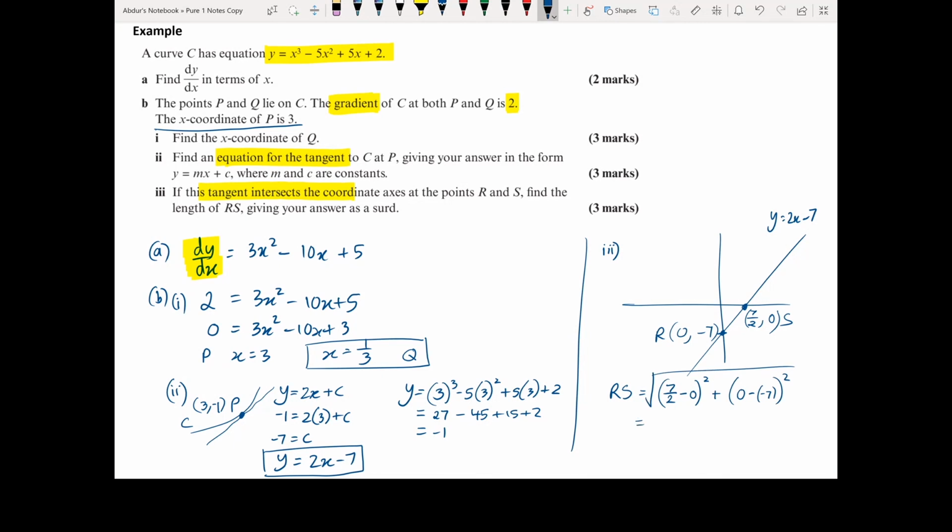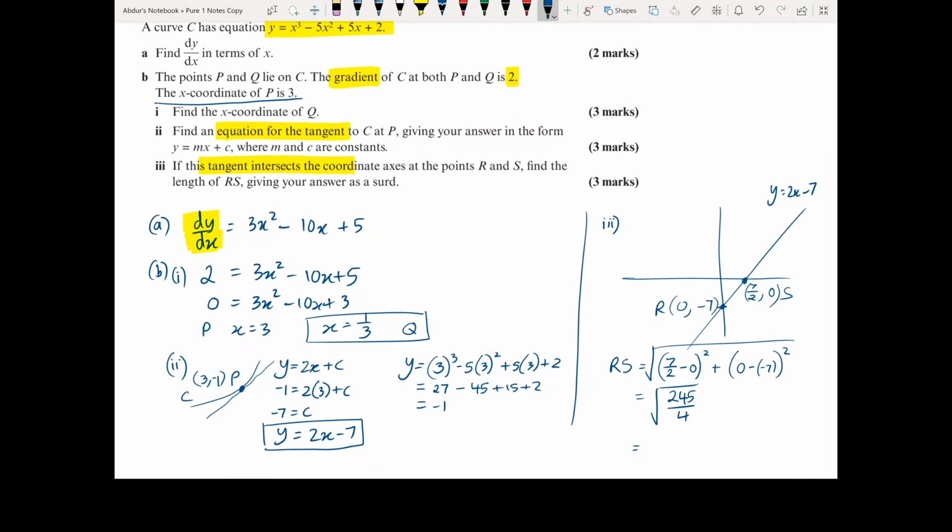That gives us 3.5 squared plus 7 squared, which is 245 over 4, all square rooted. Now, if we tidy this up a bit, we want to leave it in surd form. So root of 245 simplifies to 7 root 5, and root of 4 on the denominator simplifies to 2. So we end up with 7 root 5 over 2 as the length RS.